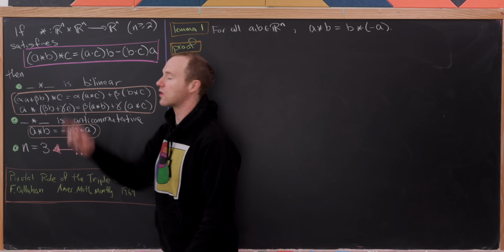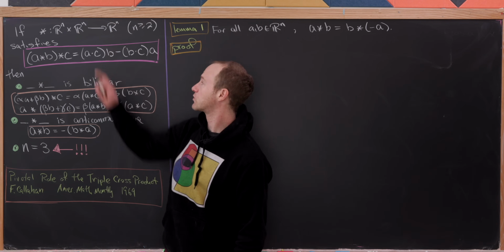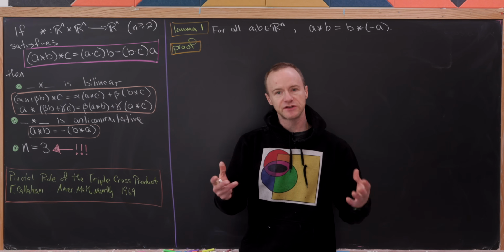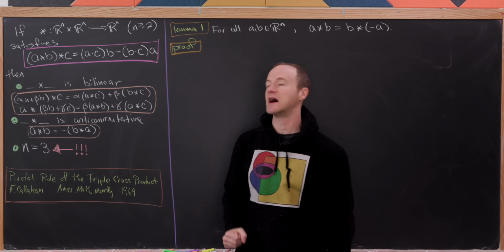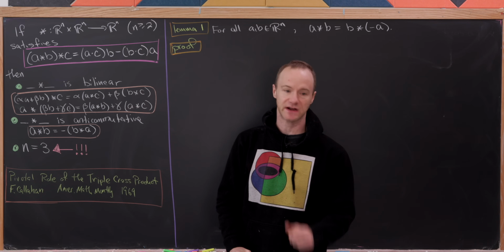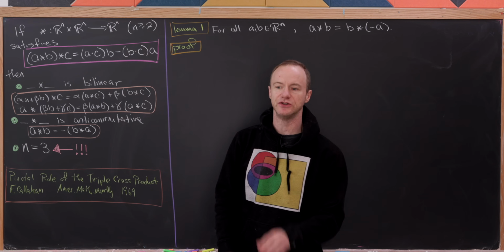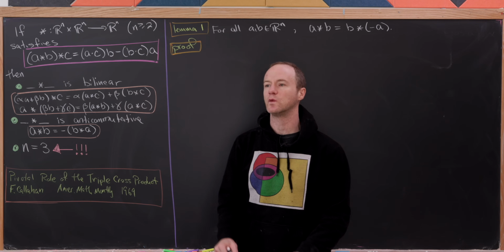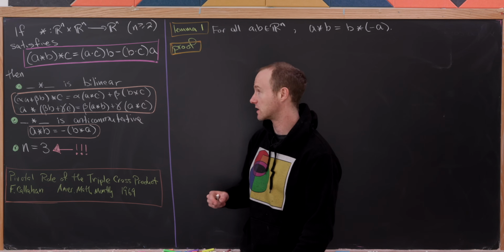Okay, so let's see what we have. Suppose we've got a product, which I'll call star at the moment, and it's a product on Rn. So that means it takes two n-dimensional vectors and you multiply them and get a new n-dimensional vector. And here we're going to assume that n is bigger than or equal to 2. You could look at the case when n is equal to 1, but I think everything would collapse to just the zero product.